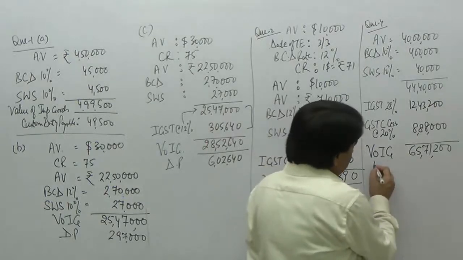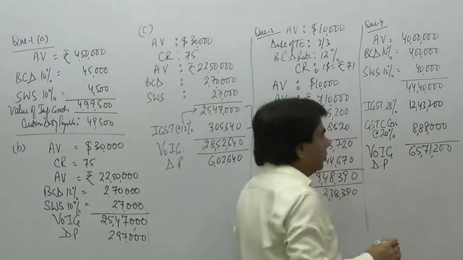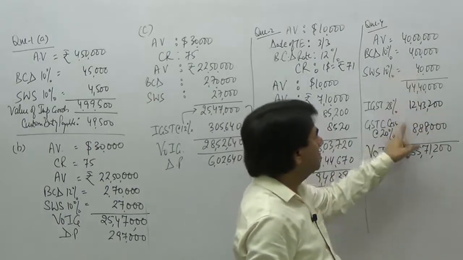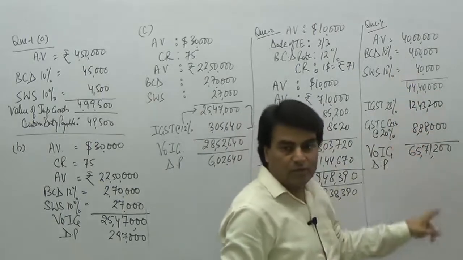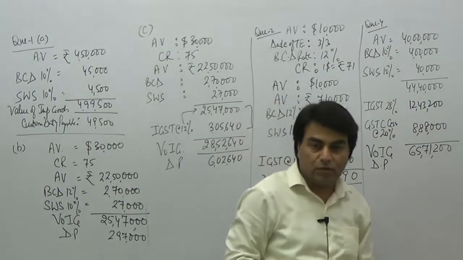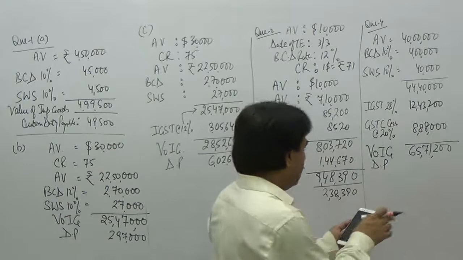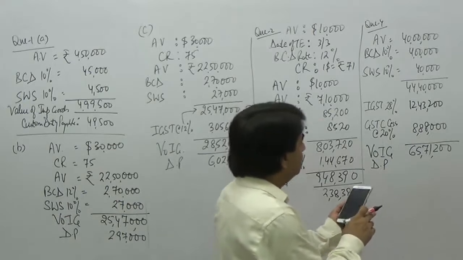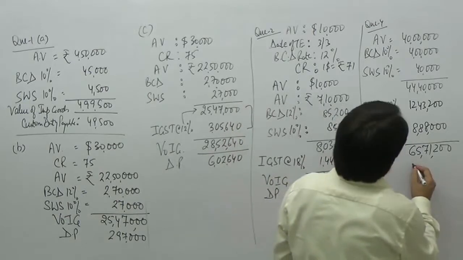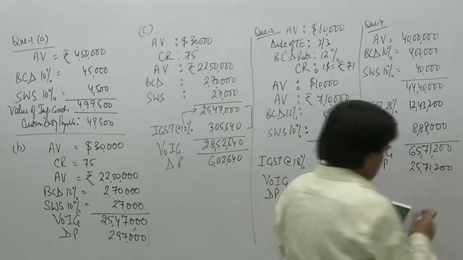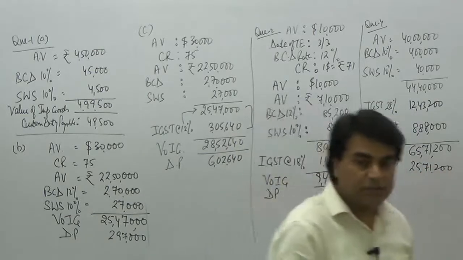Now, the amount of duty payable. For duty payable, you have to add up these two plus these two. Then you add up these four amounts. It would come to 25,71,200. How am I writing this amount straight away?